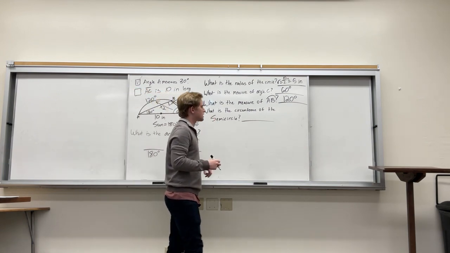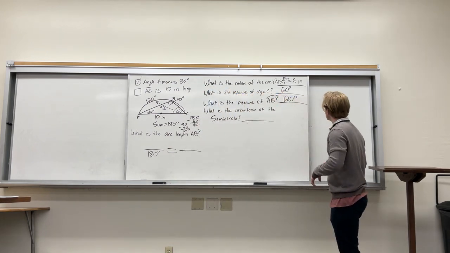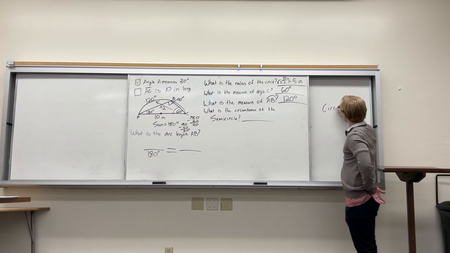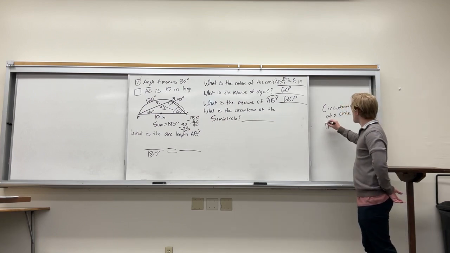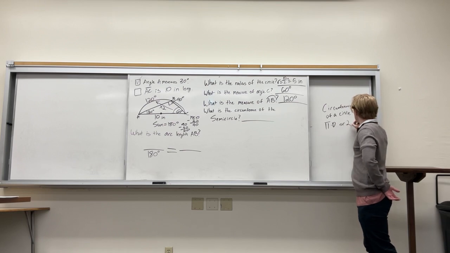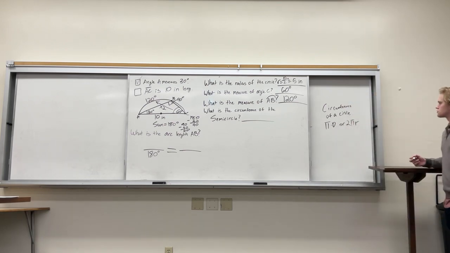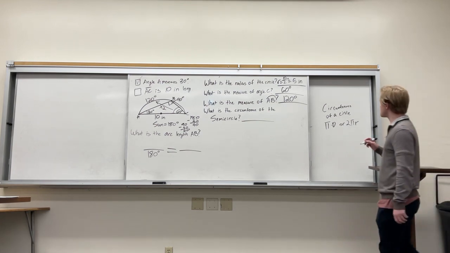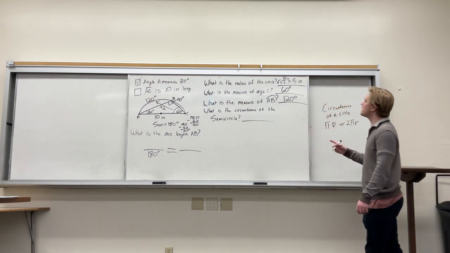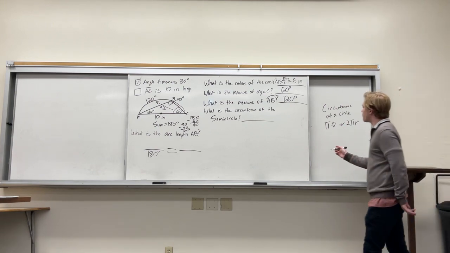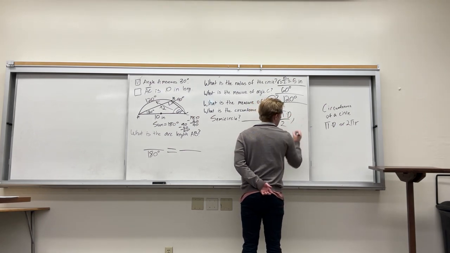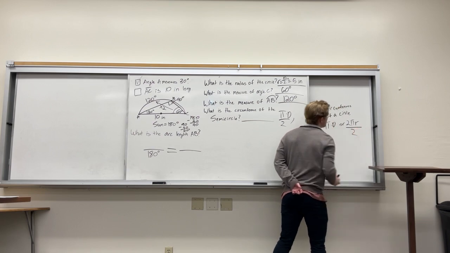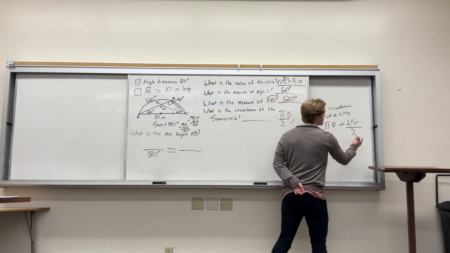Finally, we need to find what is the circumference of the semicircle. And previously, when we talked about the circumference of a circle, we said that it's either pi times diameter or 2 pi r. So, if we're talking about a semicircle though, we need to take half of the diameter. So what we're really either going to do is have pi times diameter divided by 2, or if we divide by 2 on a circle, those two cancel.